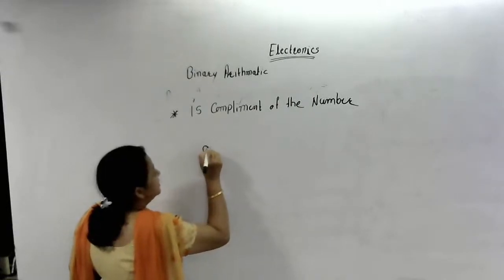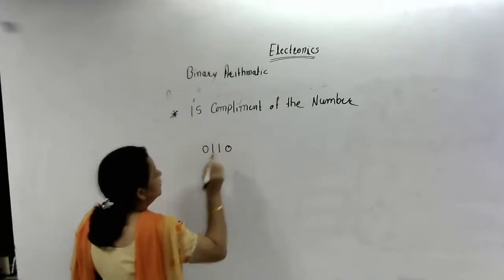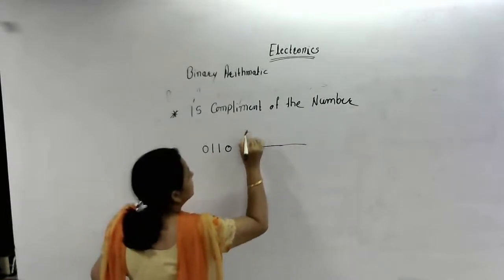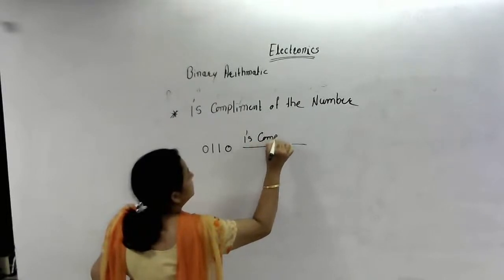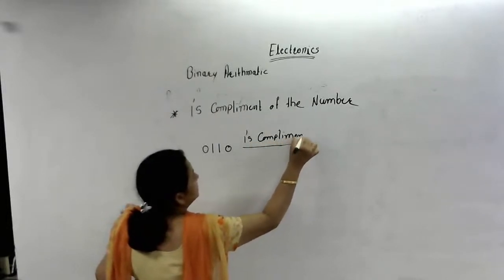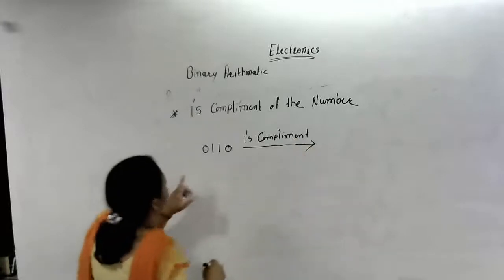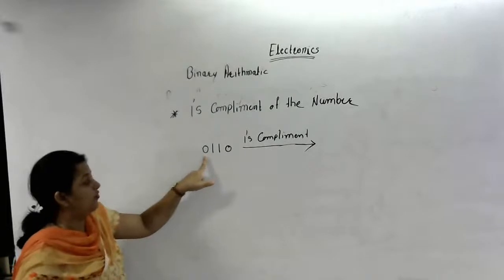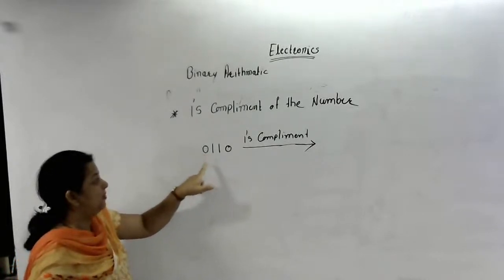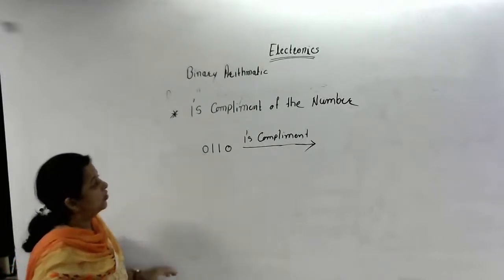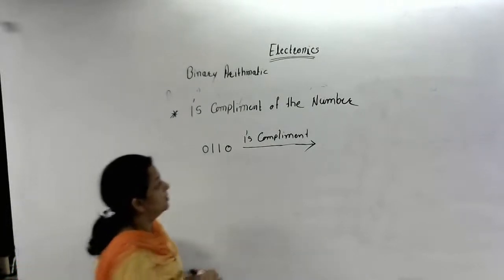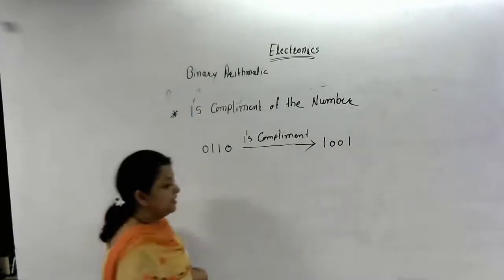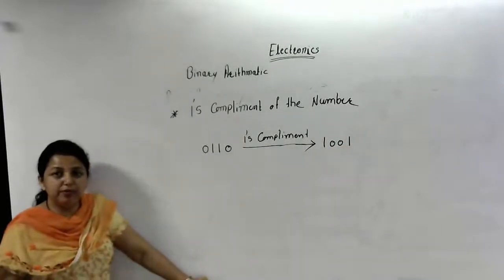If the number is 0, 1, 1, 0, then one's complement, we have for finding the ones complement of any number, we have to replace 0 by 1 and 1 by 0. So ones complement of a given number is 1, 0, 0, 1. In this way, we find ones complement of any number.